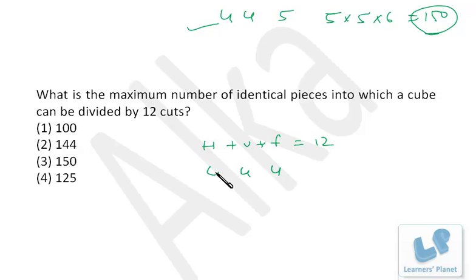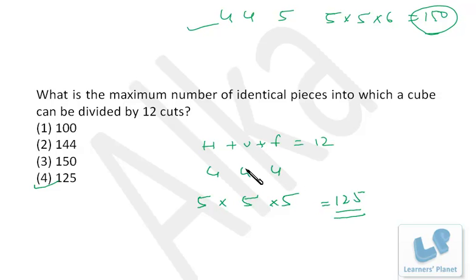So 4 horizontal, 5 pieces, 4 vertical, 5 pieces, 4 final, 5 pieces. So 5 into 5 into 5, 125 pieces can be obtained at max. No other breakup will make more pieces, because the maximum product is 125. Getting my point? Minimum difference, here the difference is 0. Minimum difference will produce maximum product.